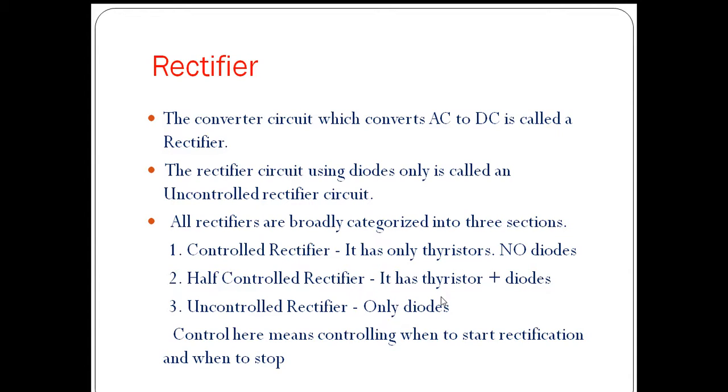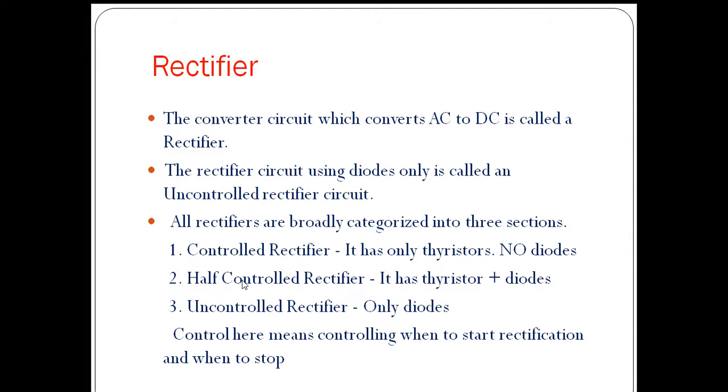For example, in a full controlled converter we have four devices, but in the half controlled one, two are thyristors and another two are diodes. The last one is the uncontrolled rectifier, in which we have only diodes and no thyristors.